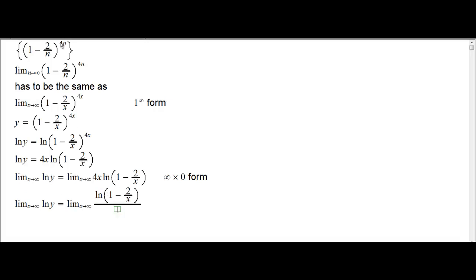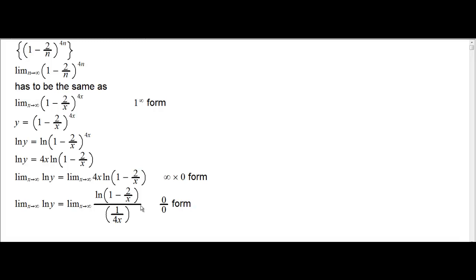So what I'm doing now is sending this factor here, which, if you simplify it, goes back to that, right? And now what we got then? We got ln of 1 is 0, right? And this also is what? 0. Now we have what? 0 over 0 form. Does it make sense?